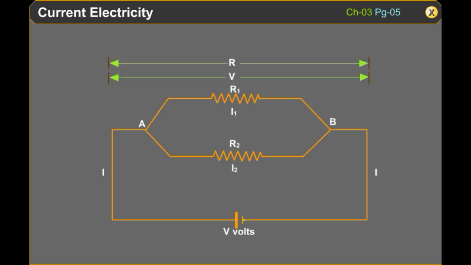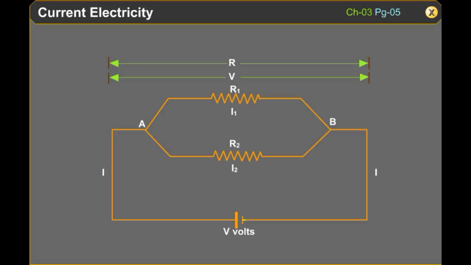Now putting the values of I1 and I2, we get V by R is equal to V by R1 plus V by R2, or V into 1 by R is equal to V into (1 by R1 plus 1 by R2).